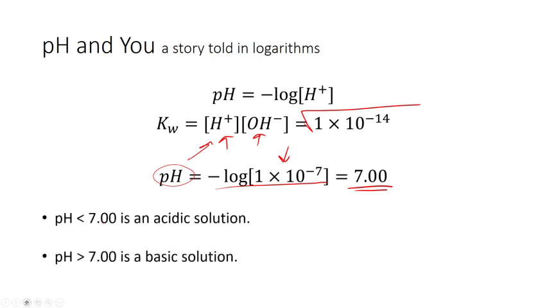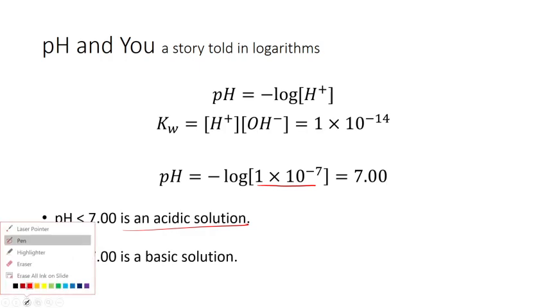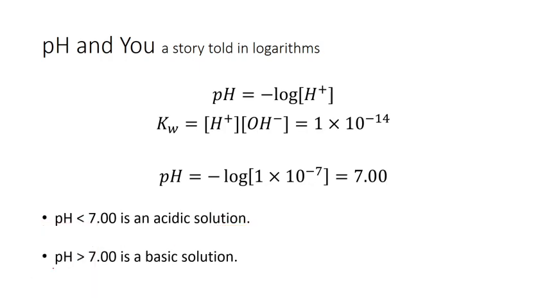And so this is how we measure whether something is acidic or basic, right? If the pH is less than 7, the solution is acidic, right? So pH of less than 7, or a concentration of hydrogen ions greater than 1 times 10 to the negative 7, it's going to be acidic. And on the other hand, if the pH is greater than 7, or having a concentration of less than 1 times 10 to the negative 7, did I say that the wrong way?